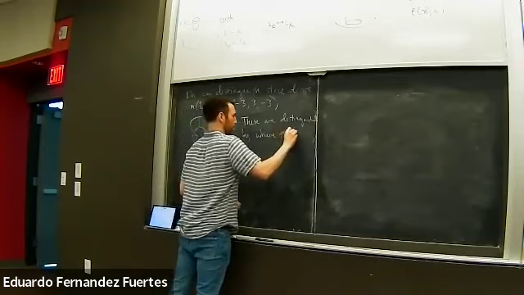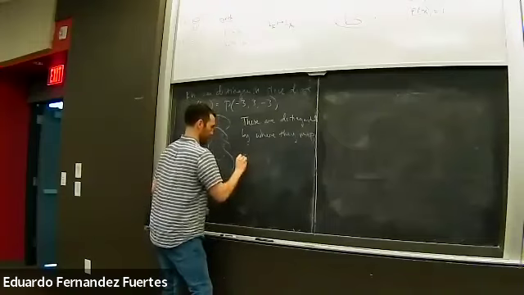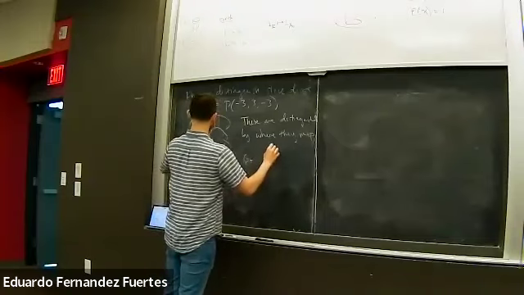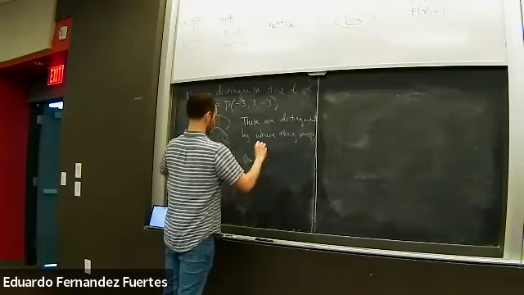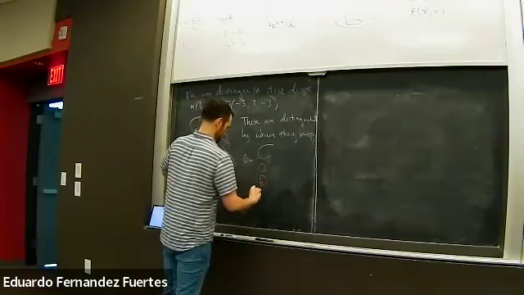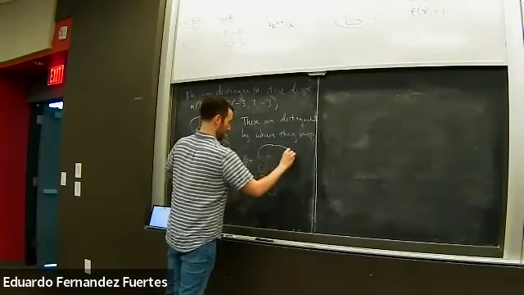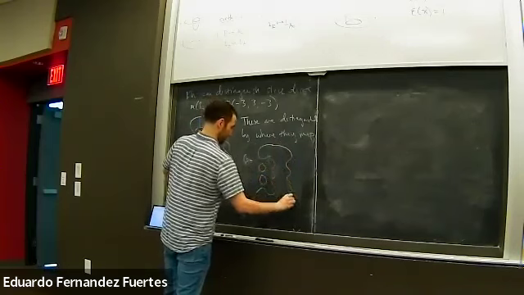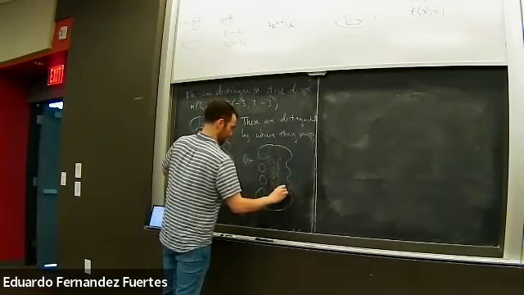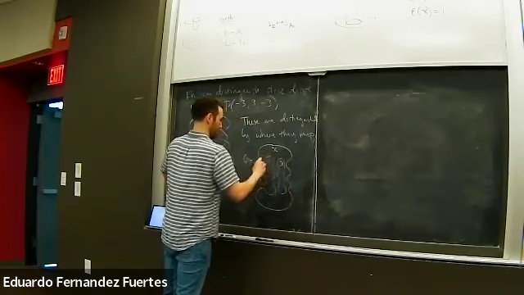These are distinguished by where they map this element I'll call phi, which is, let's say, there's going to be 2 of them, but I'll just draw one of them. So that will be with X labels on everything.